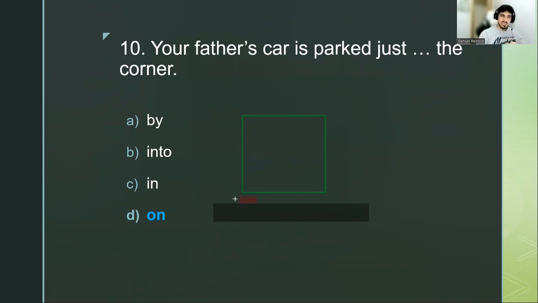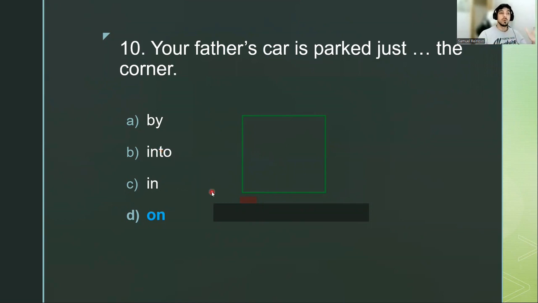Okay, so done. Why do we use on and not in, into, or by? Well, we already mentioned into in question number 1. Do you remember? Into is not a preposition of place. It's a preposition of movement. Exactly.